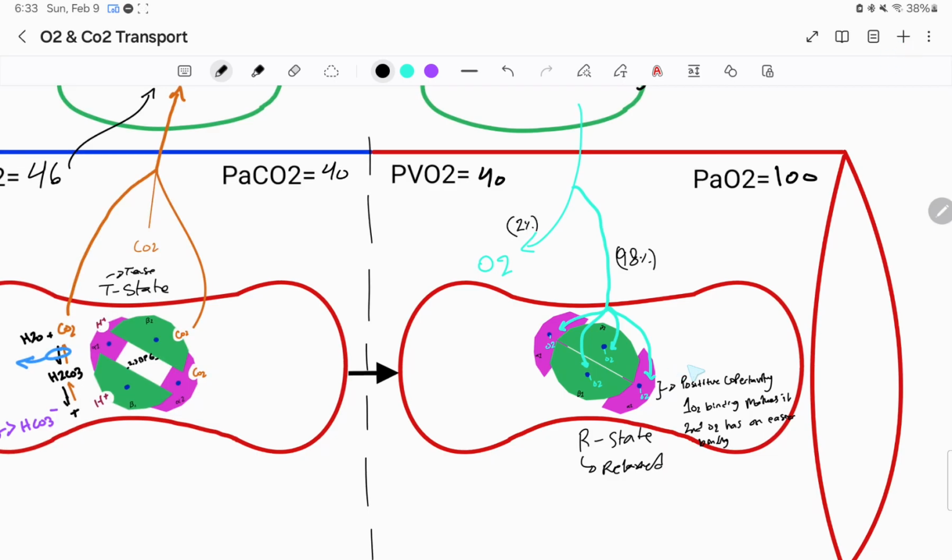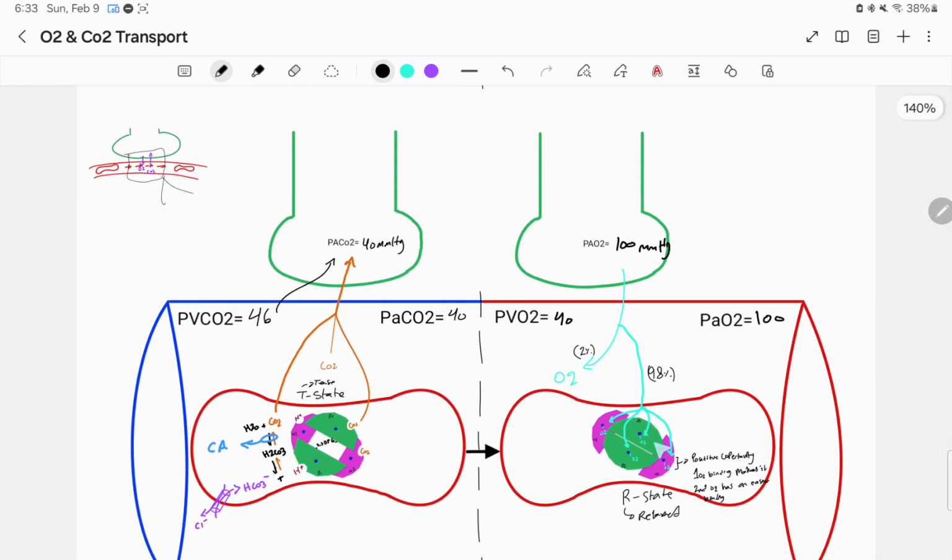Okay, so again, that's a really cool concept with the positive cooperativity. The first oxygen has a hard time binding. But when it binds, it makes it easier for the second oxygen to bind. When the second oxygen binds, it makes it even easier for the third oxygen to bind. And when the third oxygen binds, it makes it the easiest for the fourth oxygen to bind, okay? And that's how that works, okay?